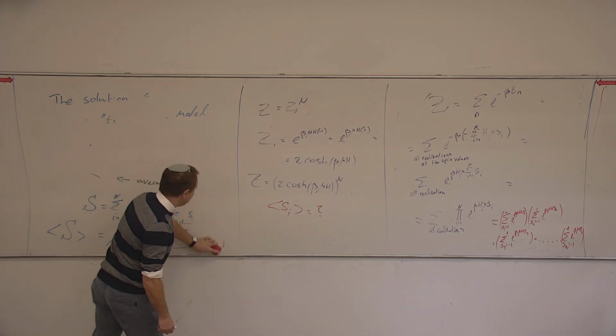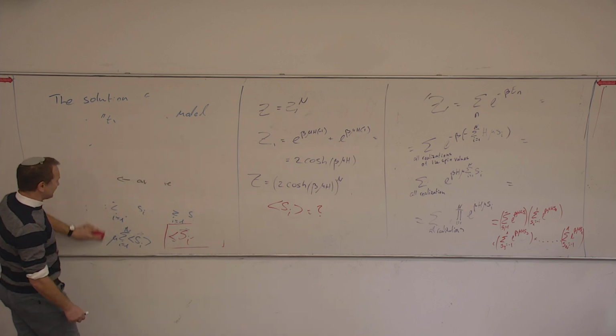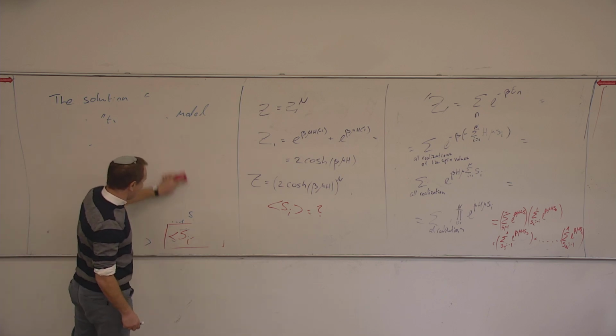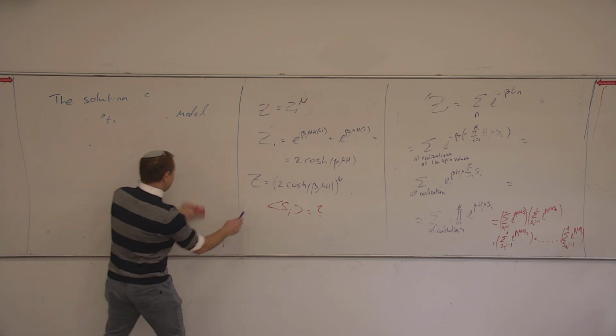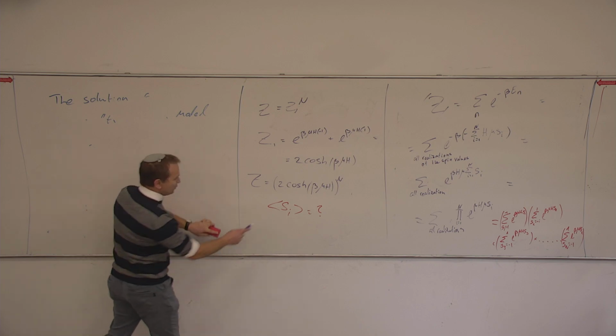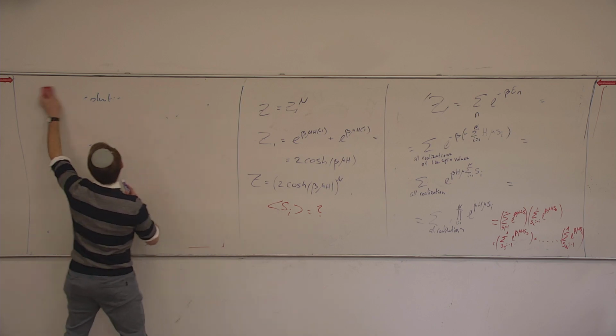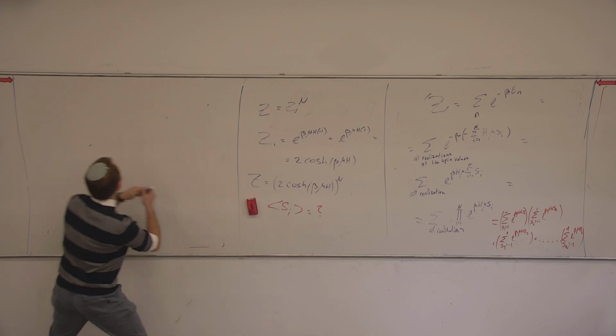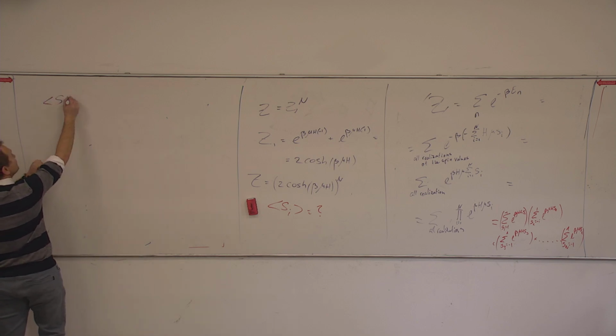What this means is that I don't need to go over all the different Z's. I just need to go to Z1. Okay. So what is the S_i average?